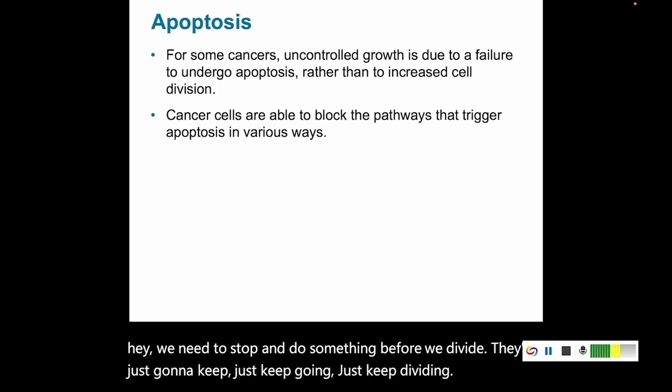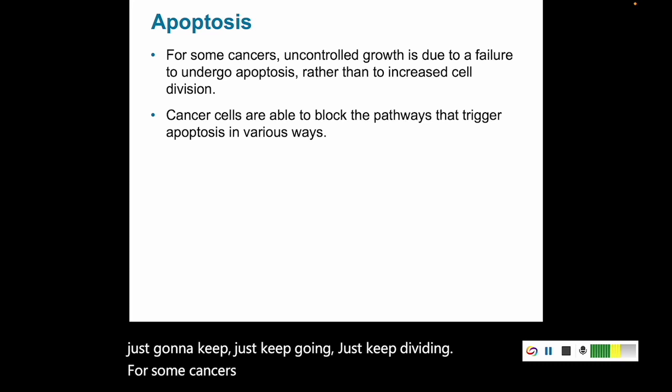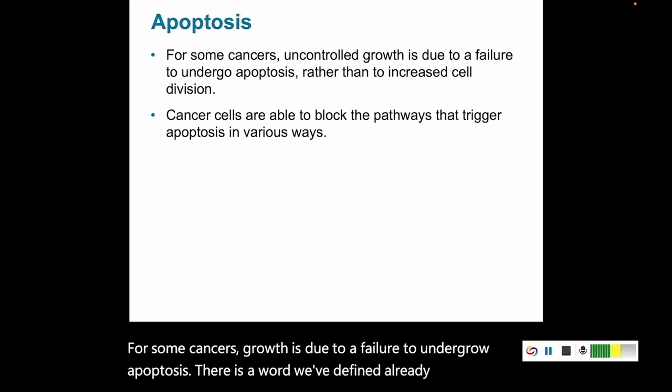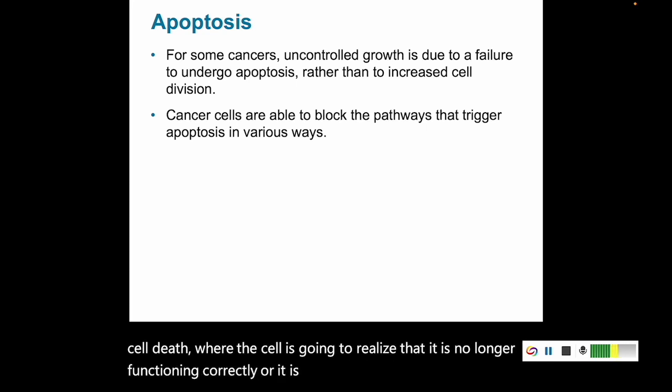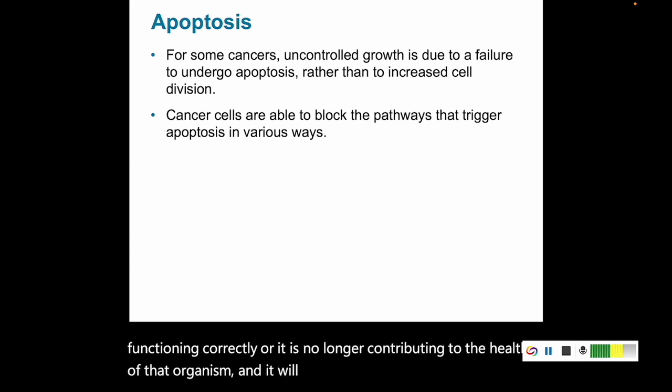For some cancers, growth is due to a failure to undergo apoptosis. There's a word we've defined already. That is controlled cell death, where the cell is going to realize that it is no longer functioning correctly or it is no longer contributing to the health of that organism, and it will signal for that cell to go through apoptosis or cell death.